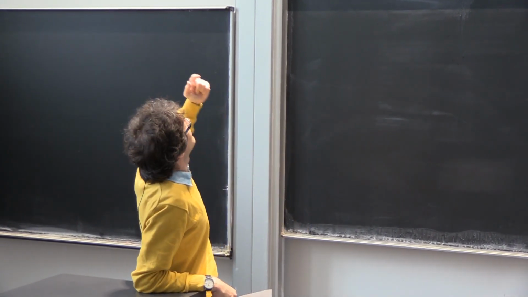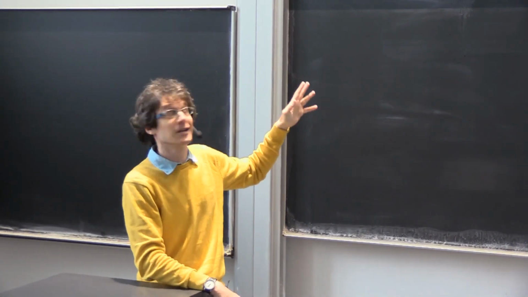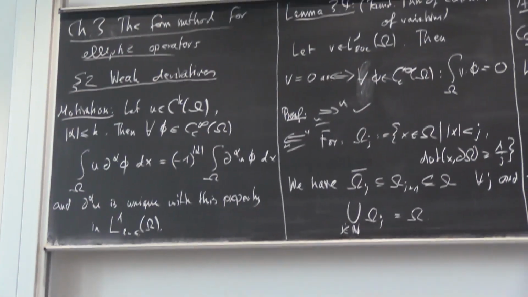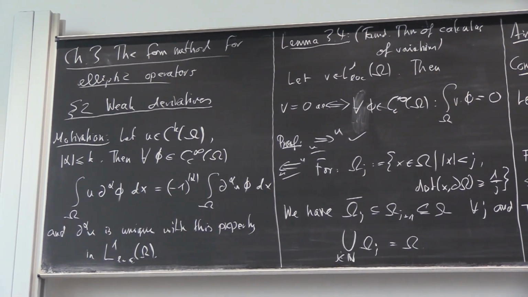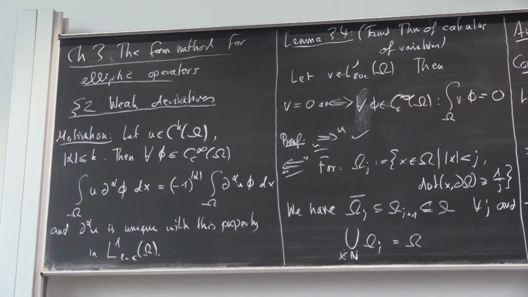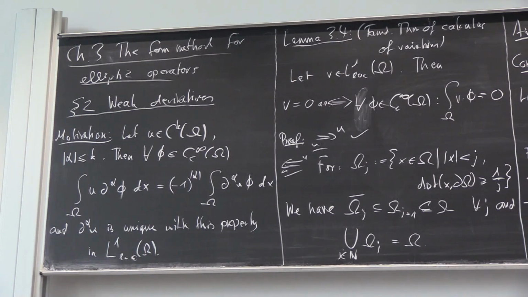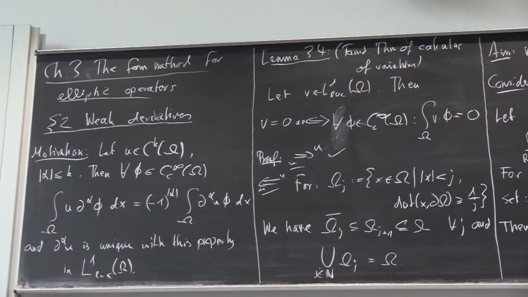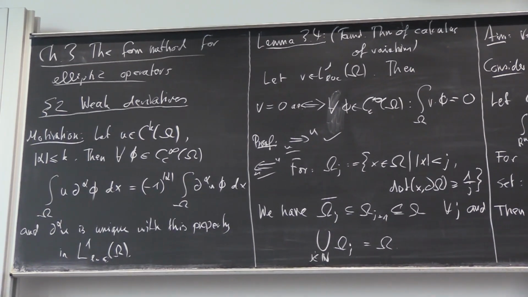So we say, if we have a function u, let's say in L2, and there is some function u alpha that satisfies this equation with u alpha in place of d alpha u, then we say this is the weak derivative. Just by definition. So we take this partial integration formula as the definition. So this is definition 3.5.